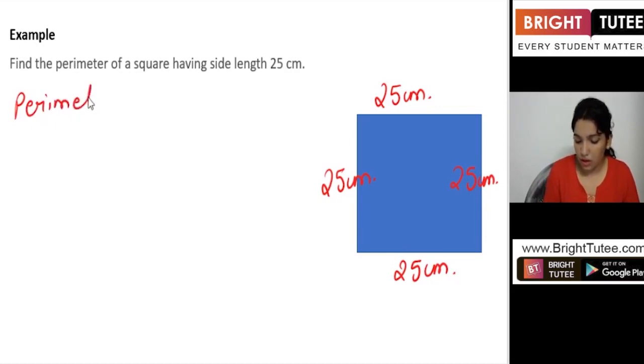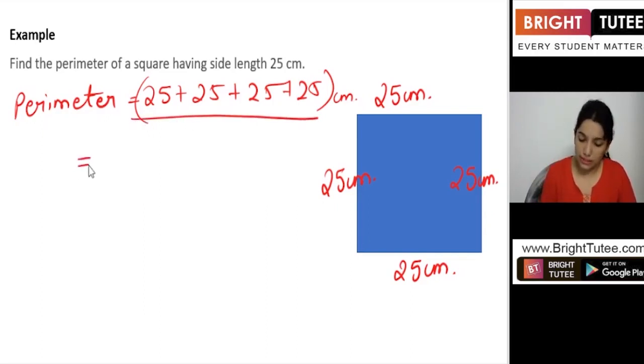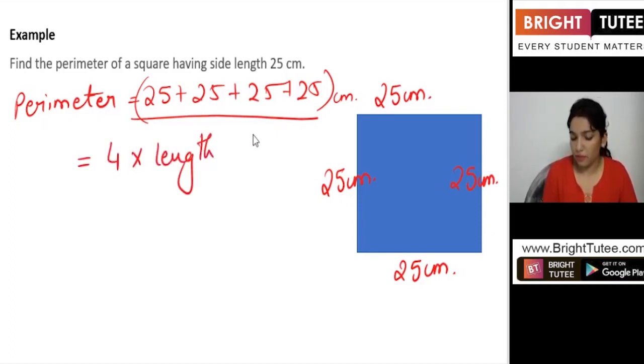If we are using the conventional way to find the perimeter, how will we do it? We'll say 25 plus 25 plus 25 plus 25, and everything is in centimeters. This is one of the ways that we were using so far in the lesson. But now, because we know the formula to find the perimeter of these regular shapes that have all the sides equal, instead of using this method, we'll simply do 4 times the length of the side.